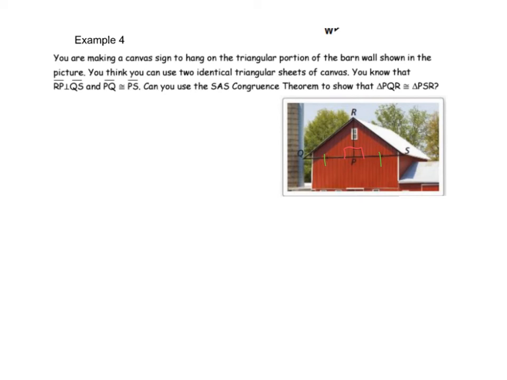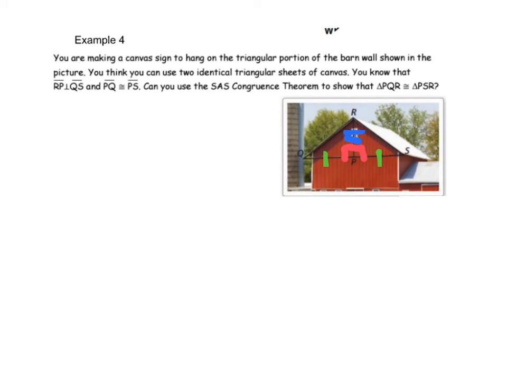So we have one side and an included angle. The key here is to find that other side, a third side. Do you guys see a third side that both triangles in fact have in common? Hopefully you do. Hopefully you see that RP belongs to both triangles. Therefore, it would be existing on both triangles. So therefore, it's going to be the exact same. So it'll be congruent. So now the next thing to make sure is that the angle is an included angle, meaning it's in between those two sides.